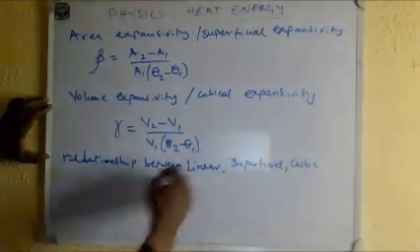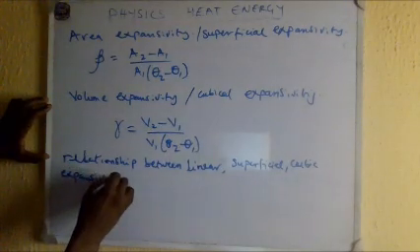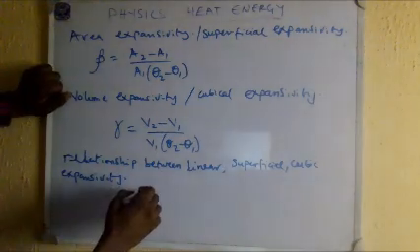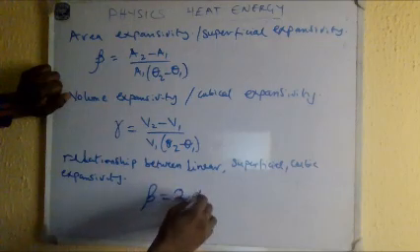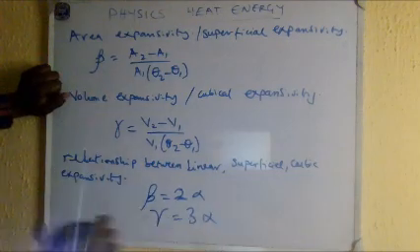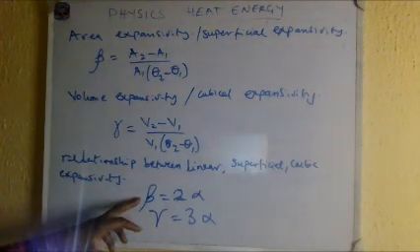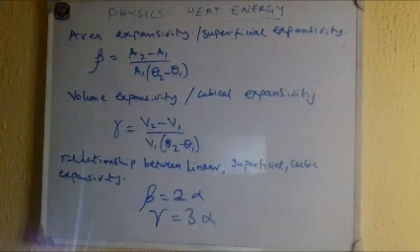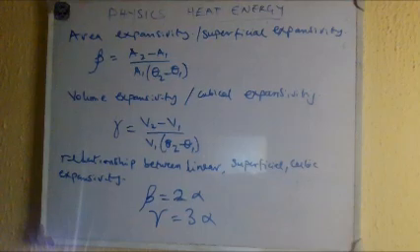Okay, so how are they related? This one is equals to 2 this, and this one is equals to 3 this. So what does this mean? It means that the area expansivity is equals to 2 times the linear expansivity, and in the same vein, cubic expansivity is the same thing as 3 times the linear expansivity.